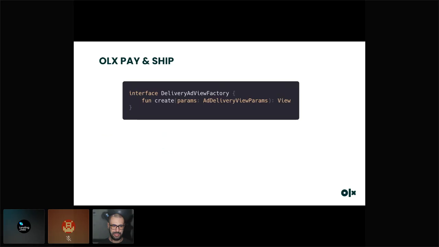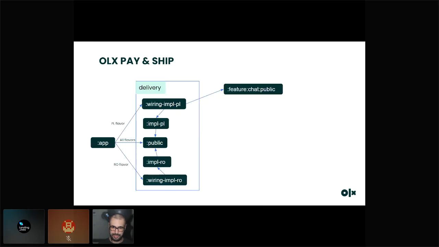That will live inside the public model. The detailed implementation will be in implementation PL or implementation Romania, and wiring implementation Ro and wiring implementation PL. Those are the models that specify the dependencies that are needed for the implementation.